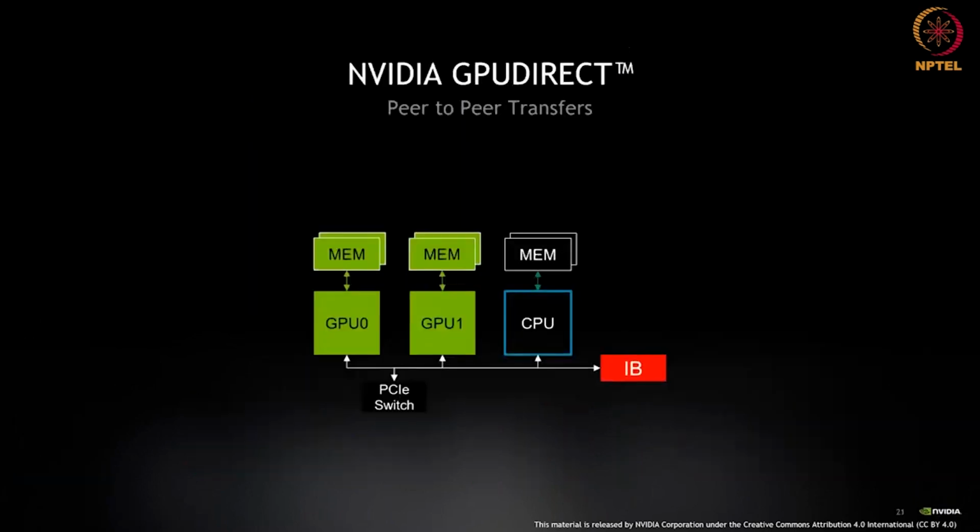And based on the type of system topology that you have, you may or may not have these kinds of features. Like in here, we are talking about a feature called GPU Direct.